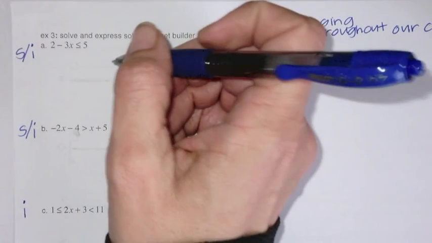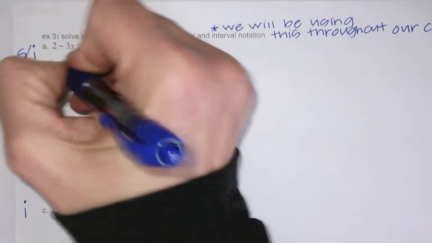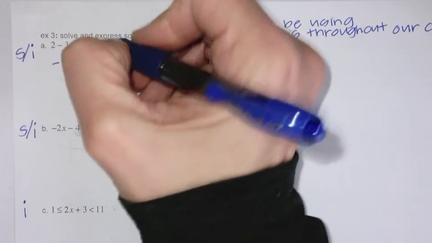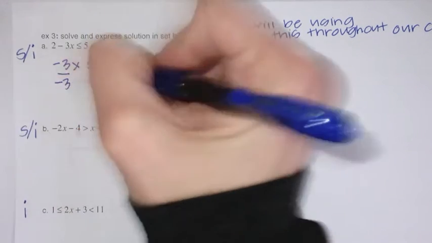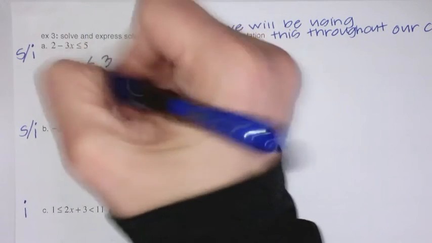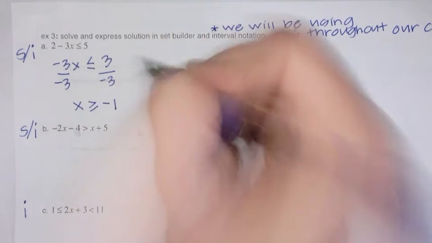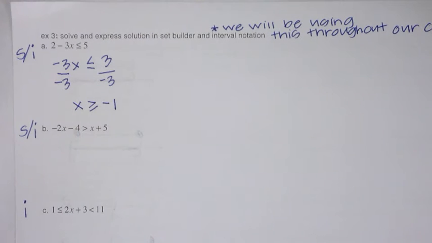So let's start solving this inequality. I subtract 2 from both sides like it's an equation, and I get negative 3x equals 3. And then right here, whenever you're dividing by a negative and you have an inequality, you need to flip the sign. So this ends up being x is greater than or equal to negative 1.